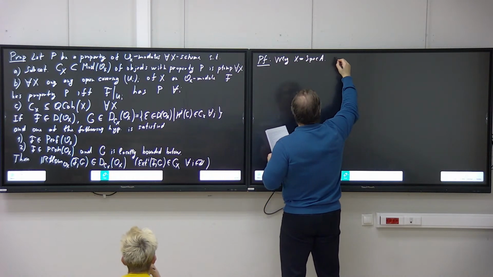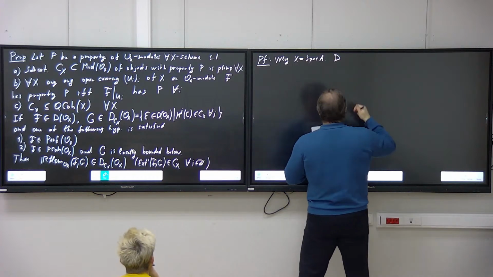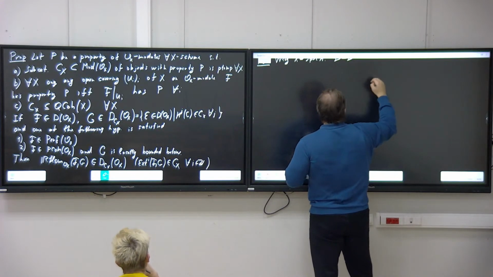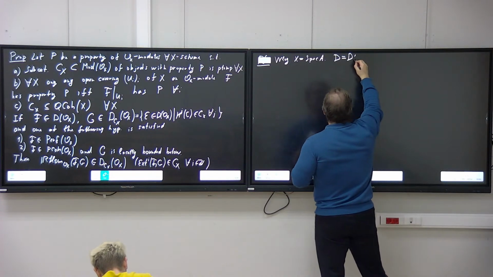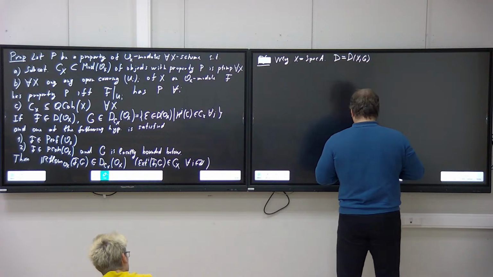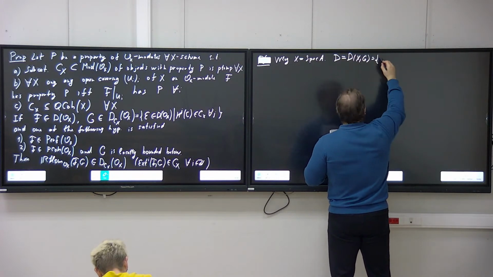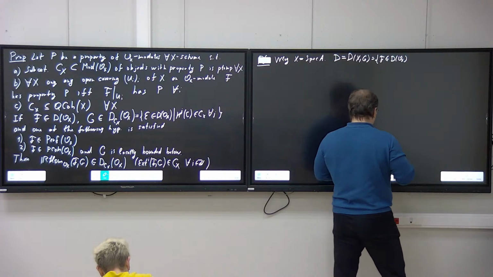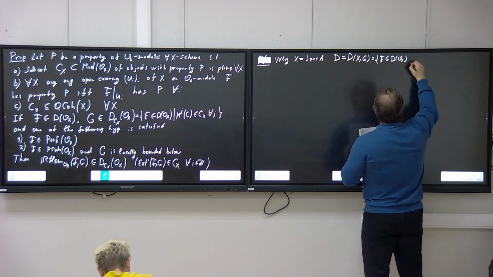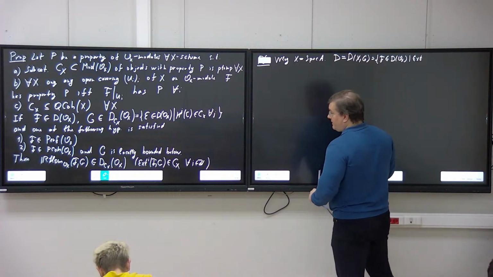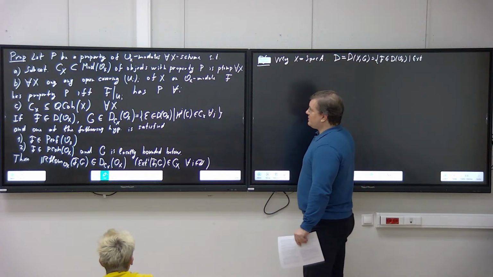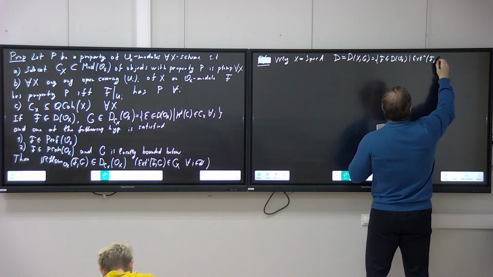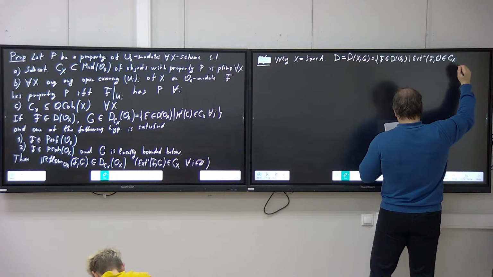I'm going to call the category D, with some longer notation that depends on the X and also on the object G. This will be all objects F in the derived category of OX modules with the property that we want, such that the Ext N, maybe I is not a good index because I have I in the covering, so N. So Ext N of F and G is in the C sub X for any N.